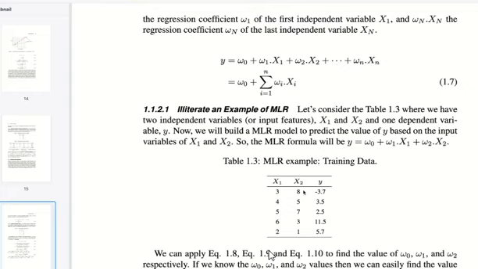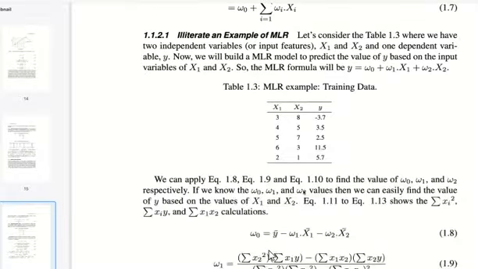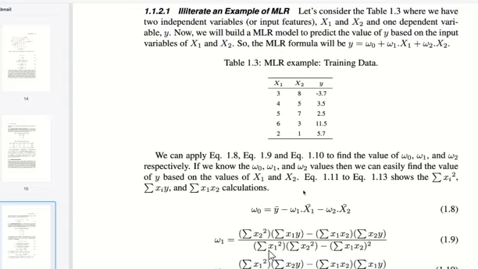That's a very simple thing. Here, as in the previous example, we have to find the weights like omega 0, omega 1, omega 2, up to omega n. Here we have an example which illustrates the concept of multiple linear regression.